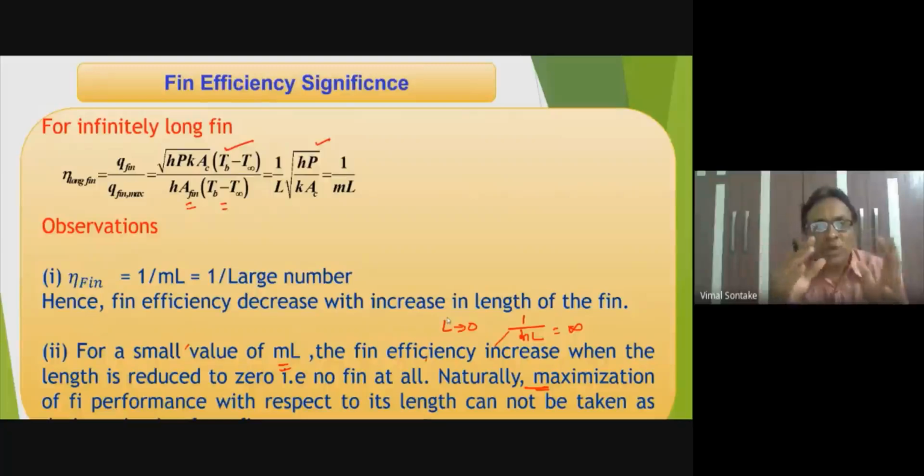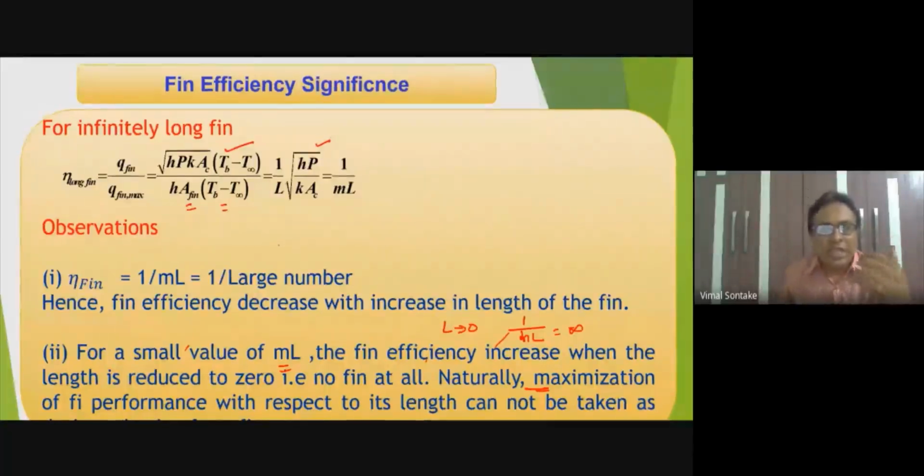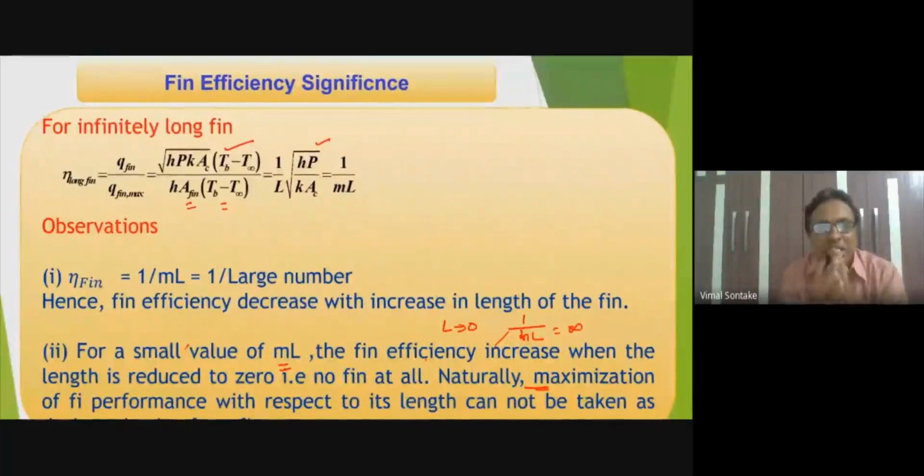So these are two contradictory statements. Because of this, when we want to maximize the performance of the fin, we cannot take the length of the fin as the performance maximization criterion.